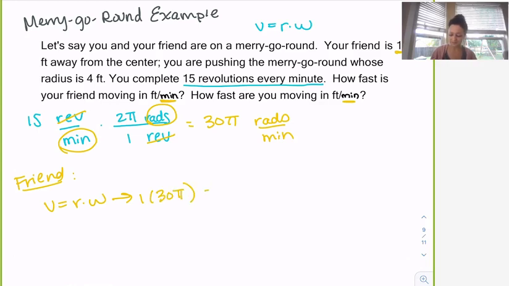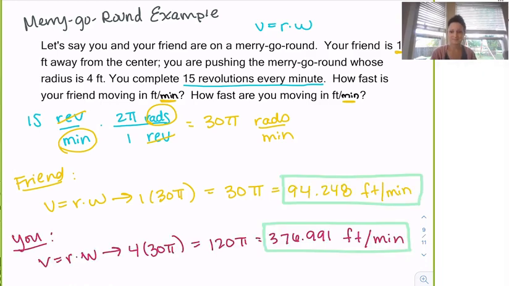So my friend is going 30 pi feet per minute, right? I'm going to force a pause on your screen, and I want you to see how fast you're moving. All right, so you should have gotten about 377 feet per minute, 120 pi to be exact. Answers on the screen, so you can take a look at that.